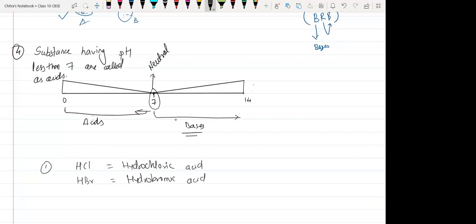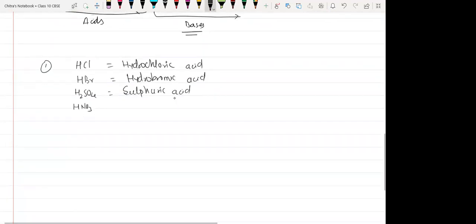We have H2SO4, sulfuric acid. Then we have HNO3, nitric acid. We have CH3COOH, acetic acid.